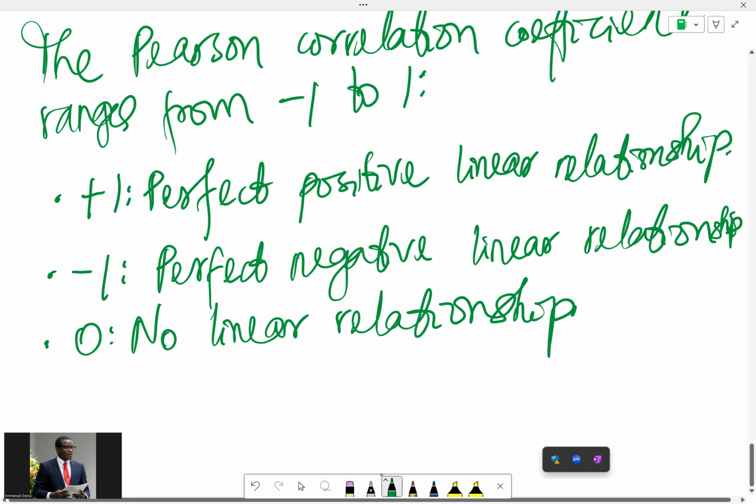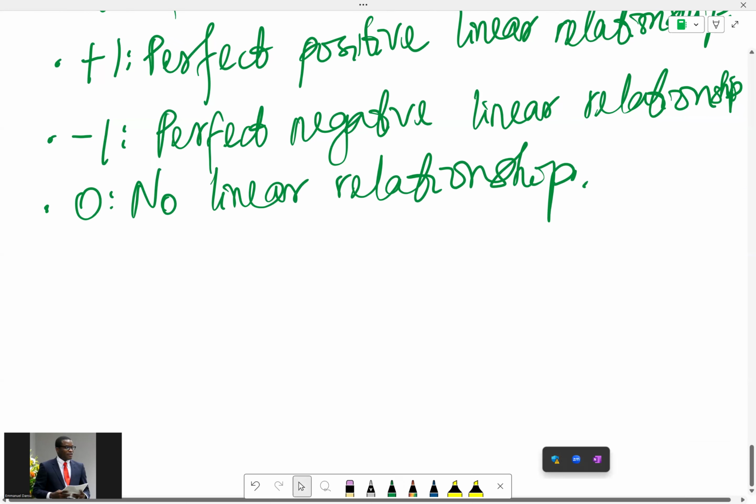So in a sense, you have 0, and then to the right you have +1, to the left you have -1. So this is perfect negative linear relationship.